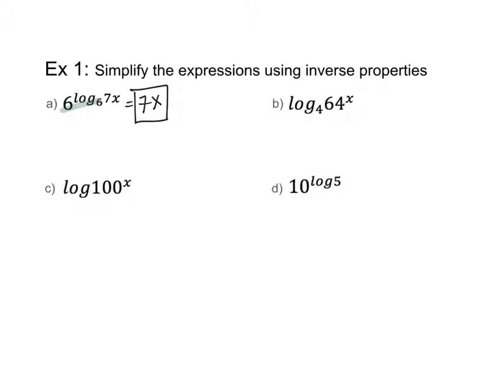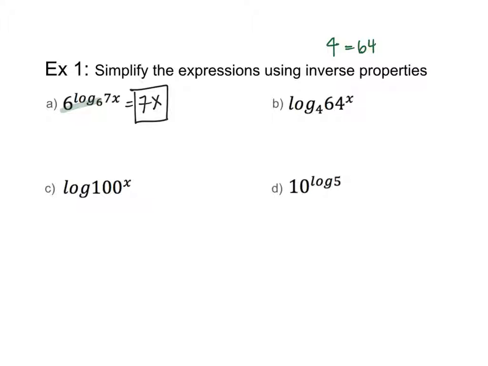Let's try B. So B here, notice that the base of the log here is 4, but the base for the exponent is a 64. Now these two definitely aren't the same bases. So what we have to think about is maybe manipulating this exponent base to make it look like 4. So let's think about it. If the base for the log is 4, and we want this to equal 64, then what does my exponent for this 4 need to be to get 64?